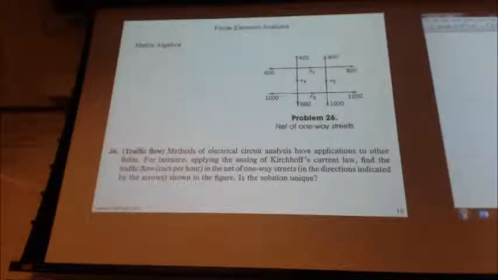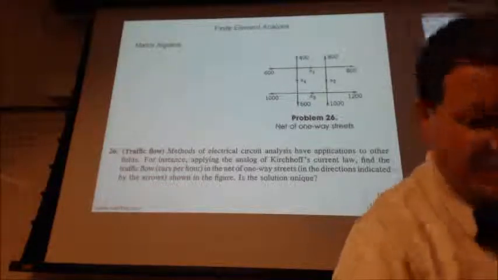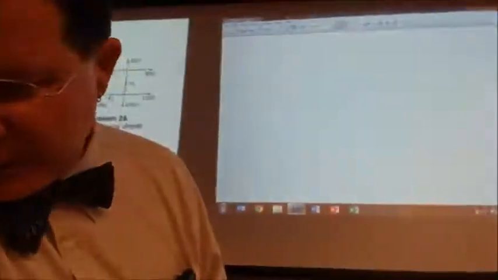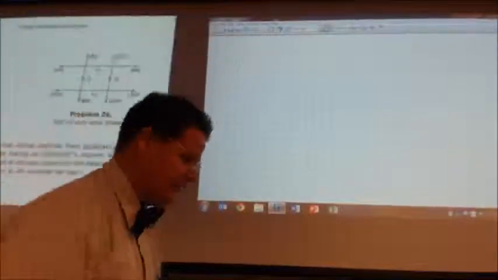You can't have 600 cars go into the intersection and only 200 come out, because we can't have a black hole in our node, or a big sinkhole in the street, and we're going to pretend that there's not one.